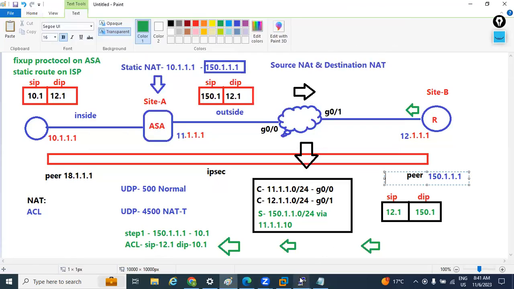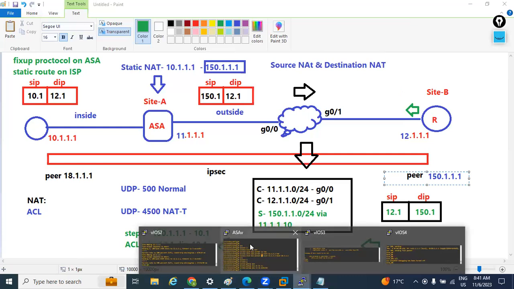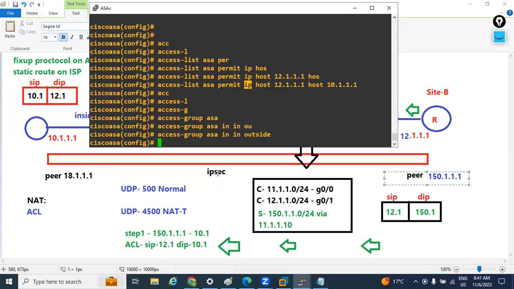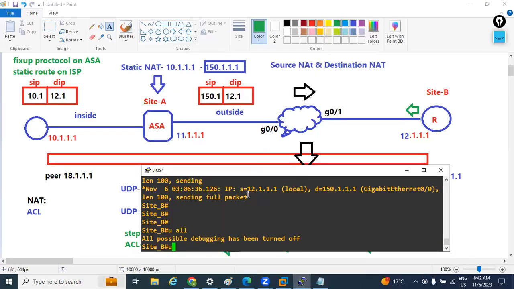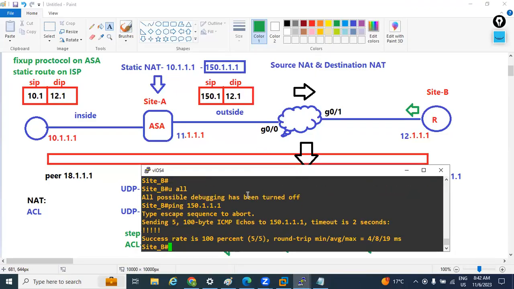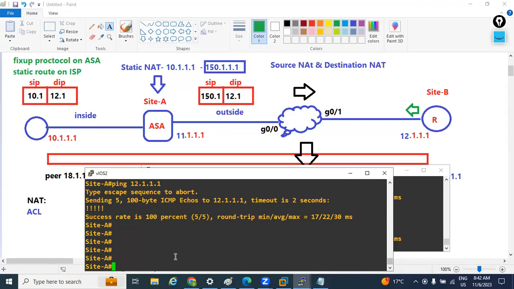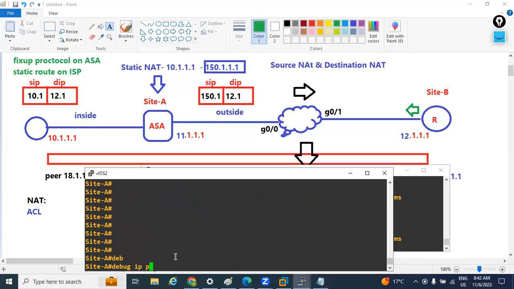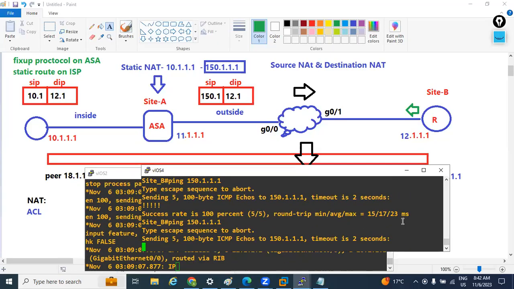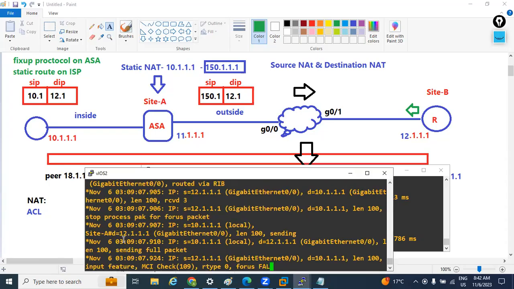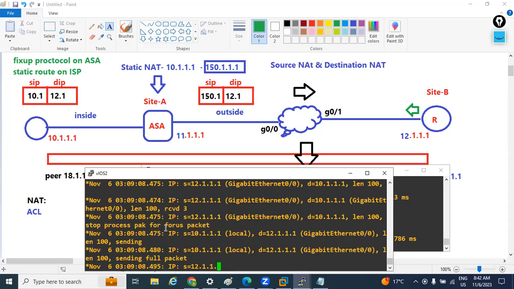Now let's get back to the ASA. I have configured it. If I go back now and try to ping, and if you check here in debug ip packet, this is happening, it's fine. The packet is reaching.